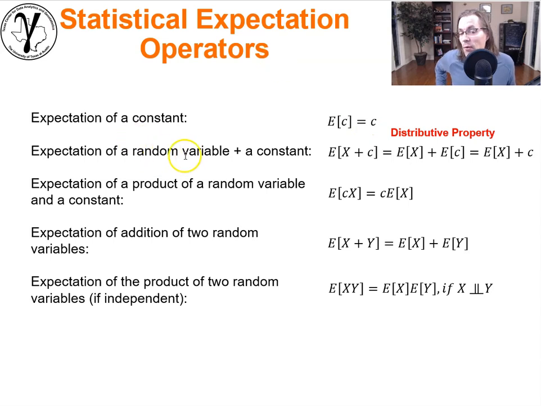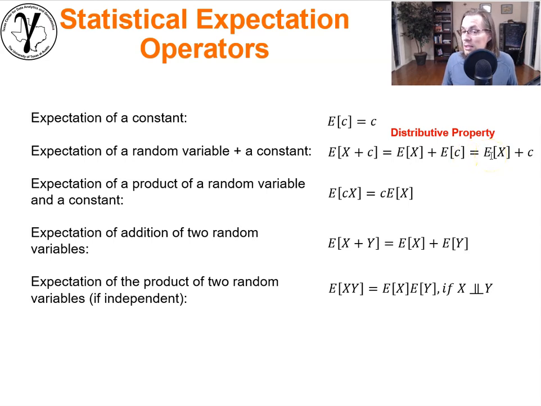The expectation of a random variable plus a constant, well, the expectation of X, capital X, random variable, plus a constant, it has a distributive property, our expectation. So we can pull the two parts apart. So we get the expectation of the random variable X plus the expectation of the constant. Expectation of a constant is a constant.